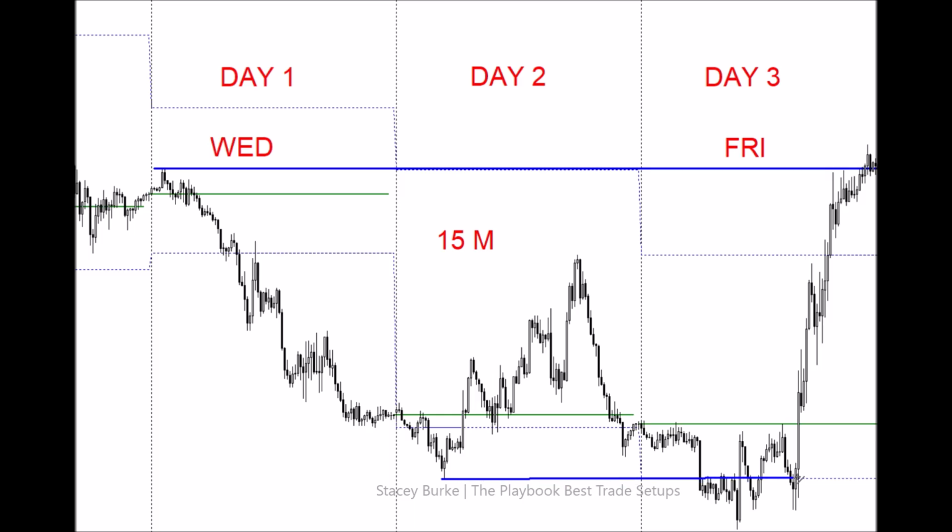Day 1, day 2, day 3, third session on the third day, as we just showed on the previous setup on the Monday, Tuesday, Wednesday, third session on the third day for a parabolic reversal trade back to the high of day 1, an example of a parabolic reversal opportunity, and also an example of where we can use levels for potential measured move range expansions.